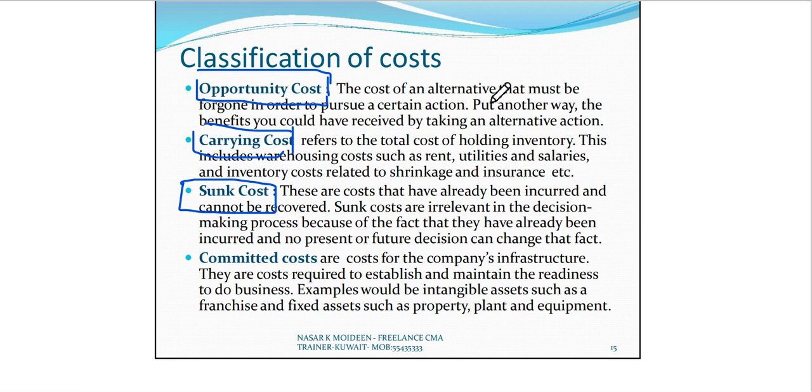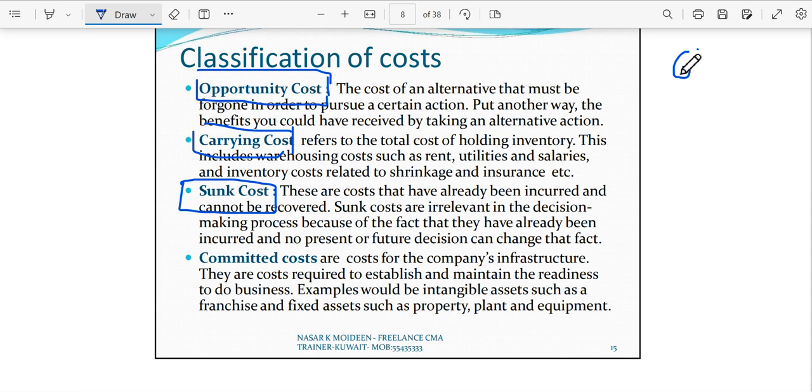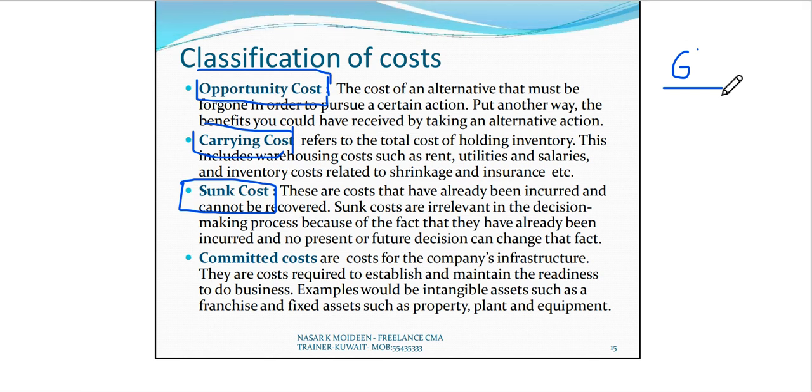Imagine you have a product, say some toys, and you made this product for $6. This is the cost of the product, but this product is no more sellable, it is obsolete.